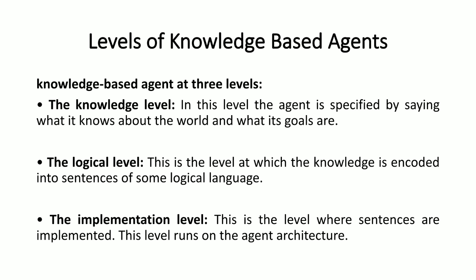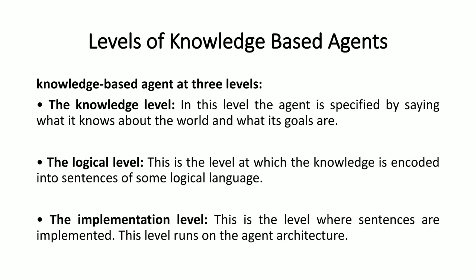There are different levels of knowledge-based agents. There are three levels. The first level is the knowledge level. In this level, the agent is specified by saying what it knows about the world and what its goals are. The second level is the logical level, at which the knowledge is encoded into sentences of some logical language.